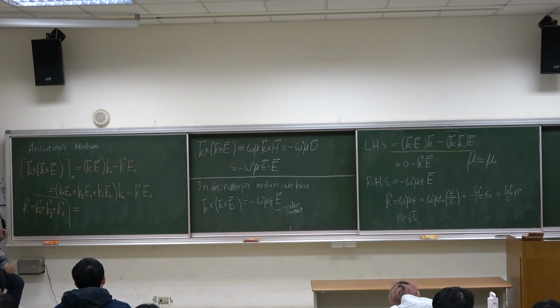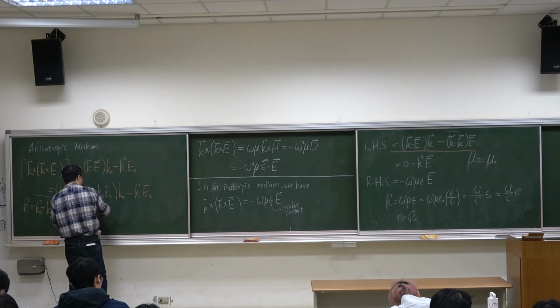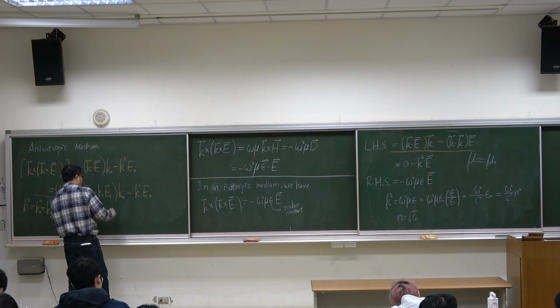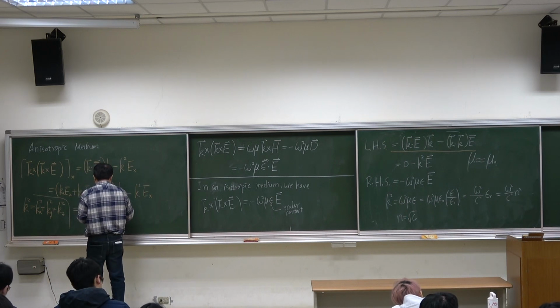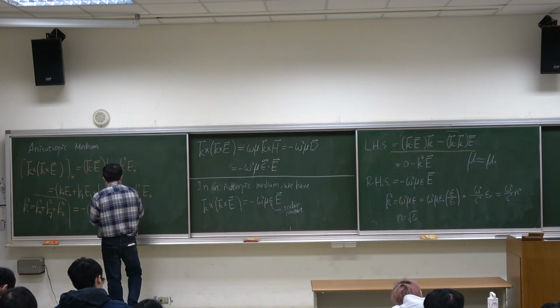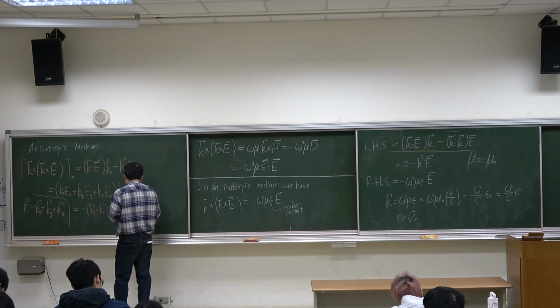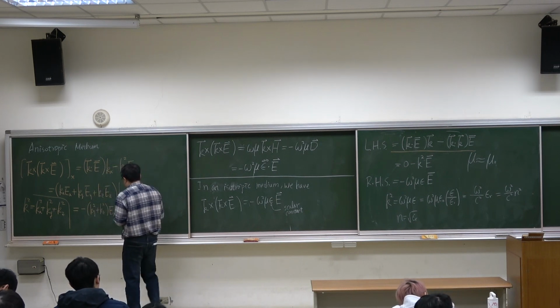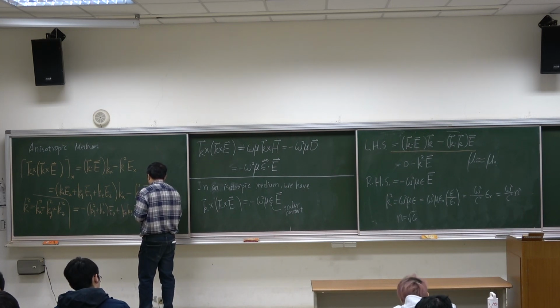So now we see that we have minus ky squared plus kz squared times Ex, plus kx ky times Ey, plus kx kz times Ez.